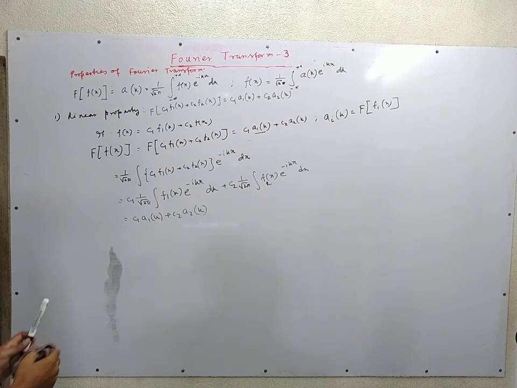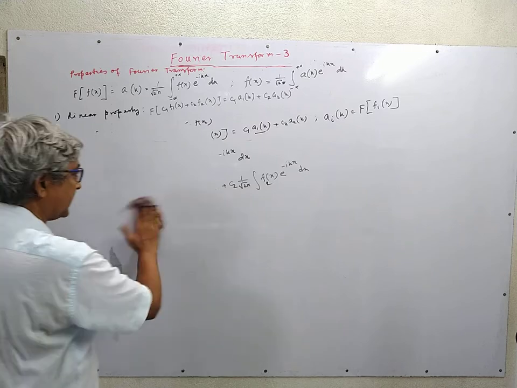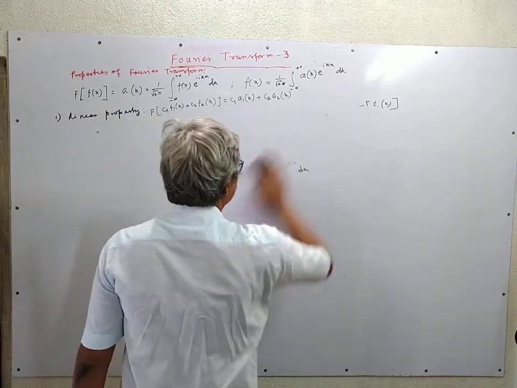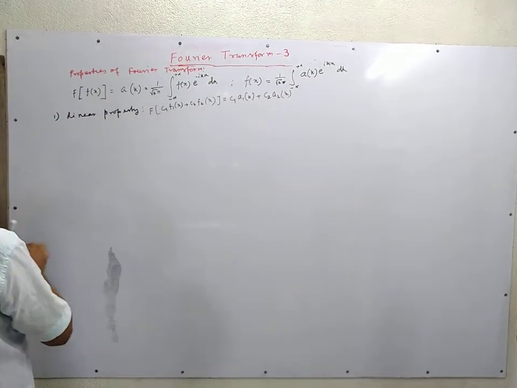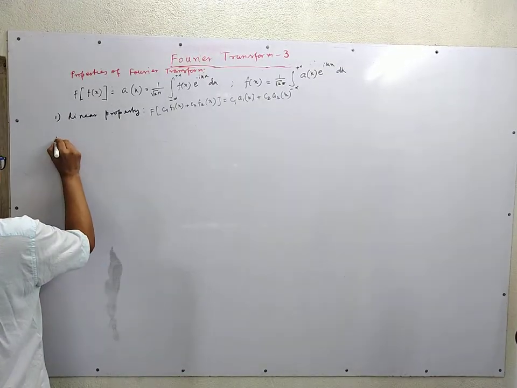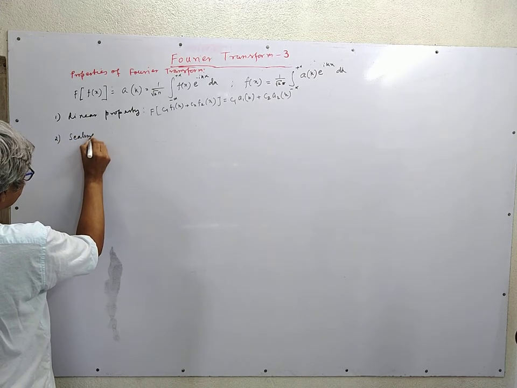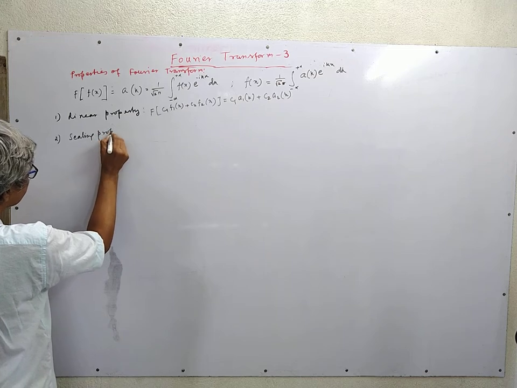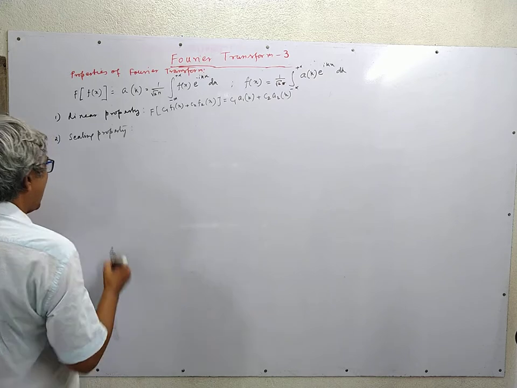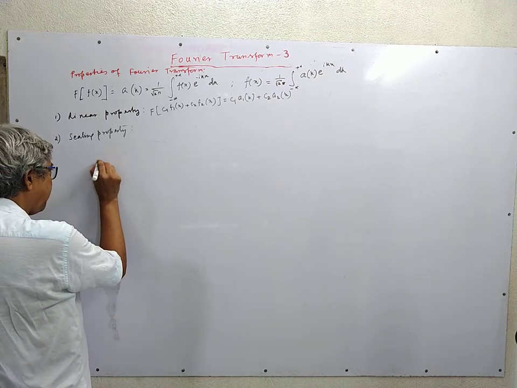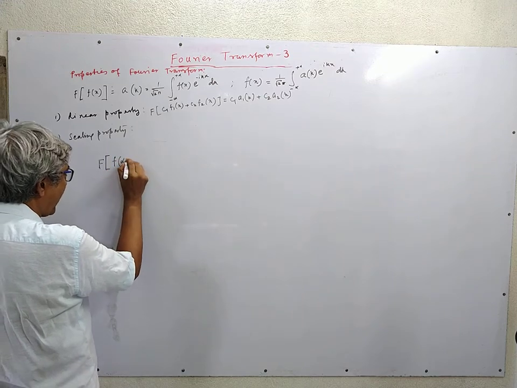Now, scaling. The second property is the scaling property, that is what happens if we change x by some scaling factor. We have the Fourier transform of f of alpha x.